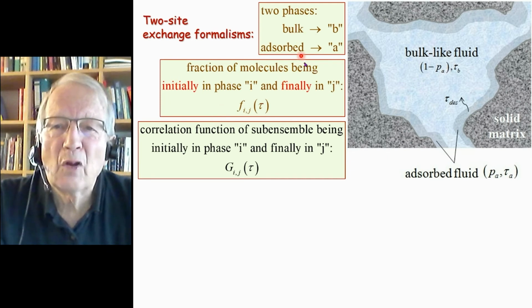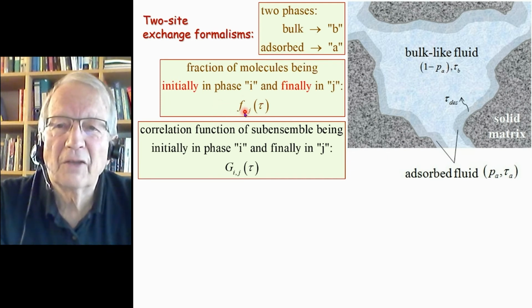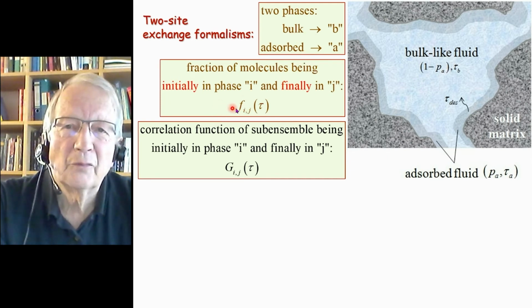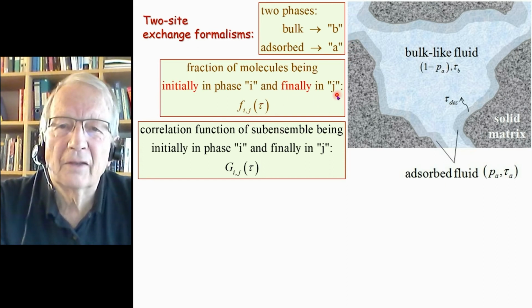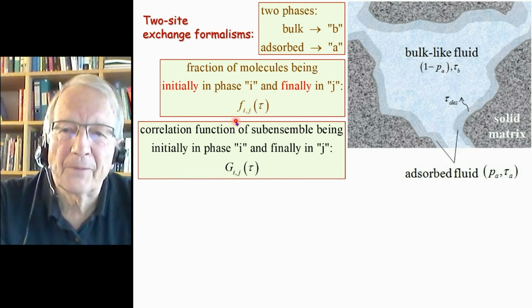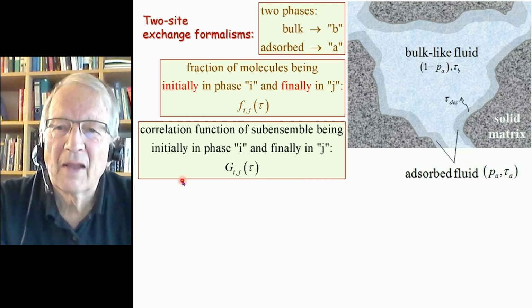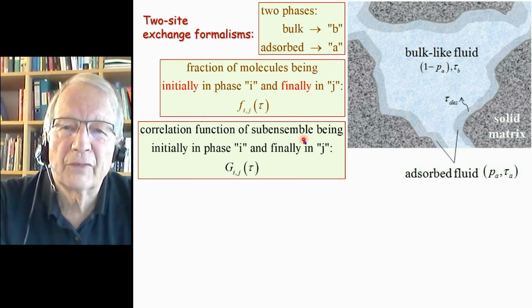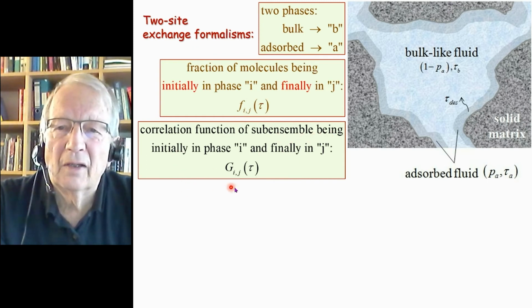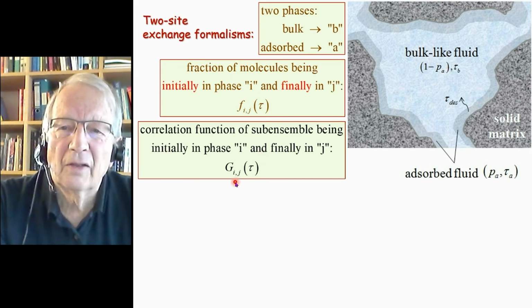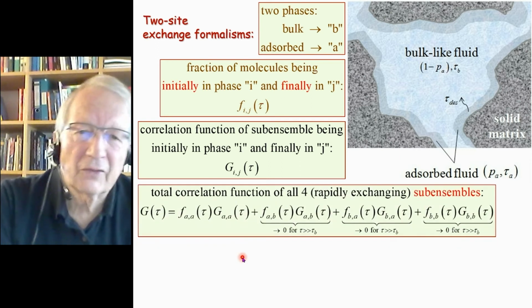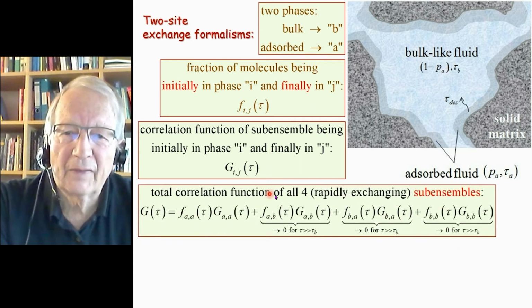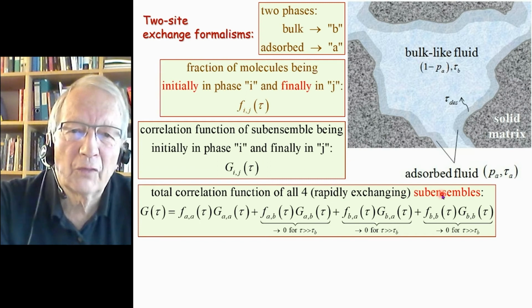The fraction of molecules being initially in phase I, either A or B, and finally in phase J will be designated by F sub I J. And the correlation function of such a subensemble will be called J sub I J. And so the total correlation function can be formed as a sum for all four subensembles.